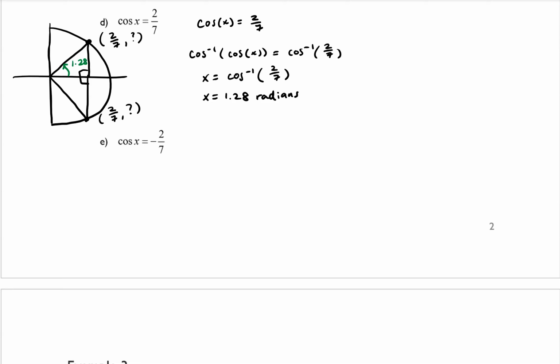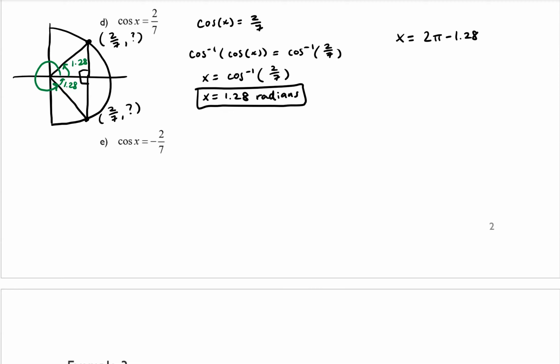Now, how do we solve for the other angle? Well, I know in order to complete it, I would take that angle and add 1.28 to it to get 2 pi, since that's my reference angle. And so the way that we could get the other angle is by doing x equals 2 pi minus 1.28.